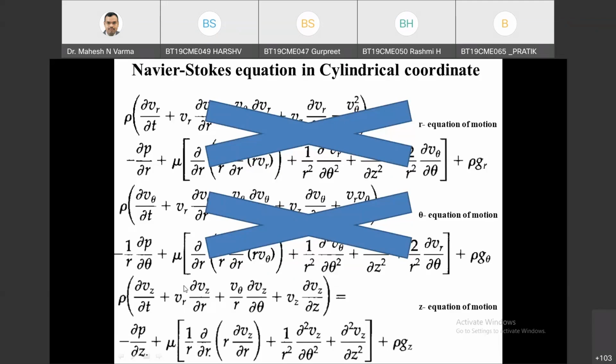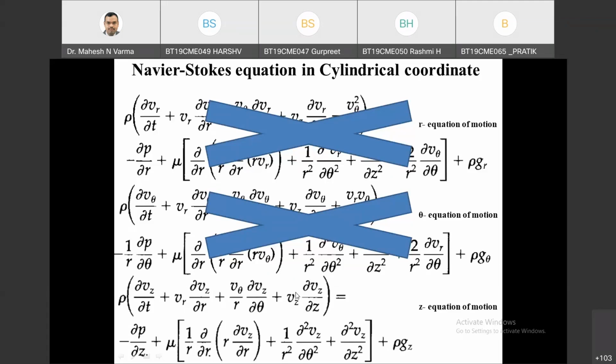So whether this term will be 0 or non-zero? 0, sir. What about this term? The whole thing will be 0, sir, because V theta is 0. Very good. What about this term? This will be non-zero.